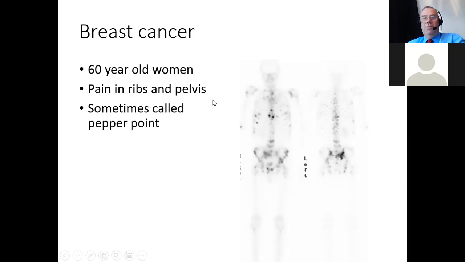And that's got a pepper pot distribution. So here we see the same thing in breast cancer with these random spots of metastasis, and that's called a pepper pot distribution. It's very classically seen in breast cancer.